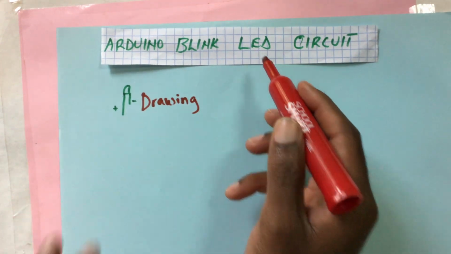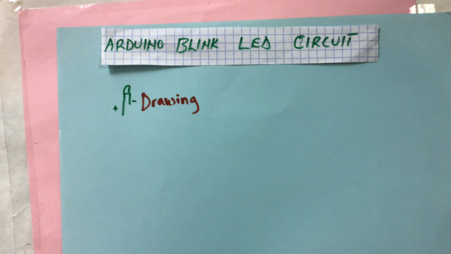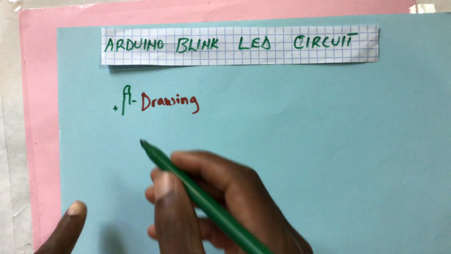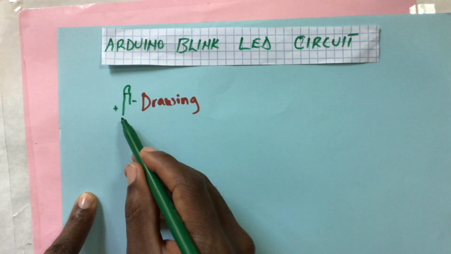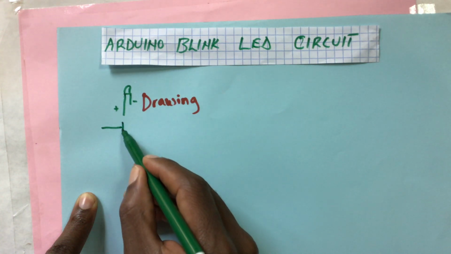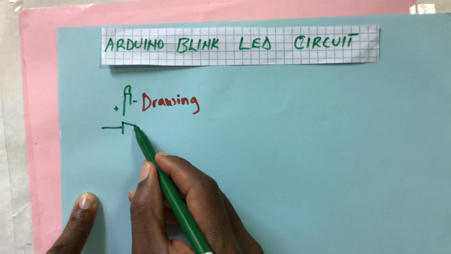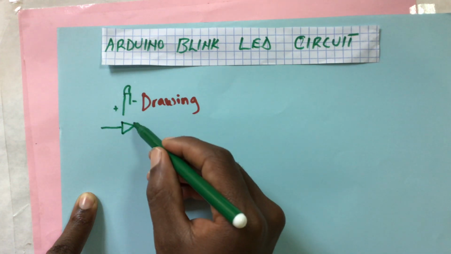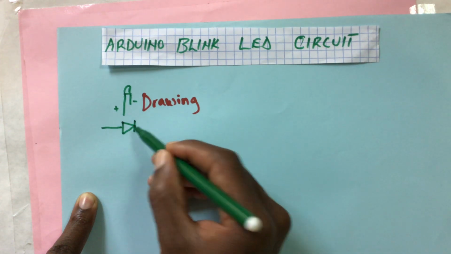Remember, LED in full is light emitting diode, which means LED is a type of diode. It's not the same as the protection or the power diode we used before, but it's just a type of diode. So with this type of diode, its symbol is normally drawn like this. Of course I'm going to put the positive side to the side, and the negative side, we always said, is the side with the bar.